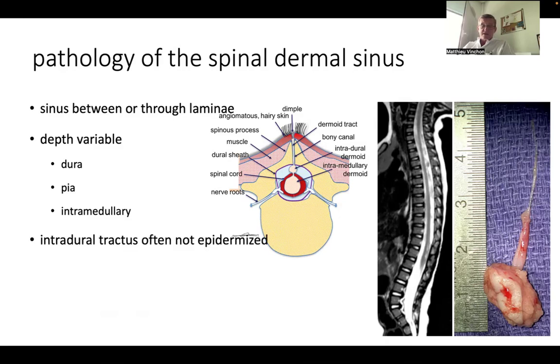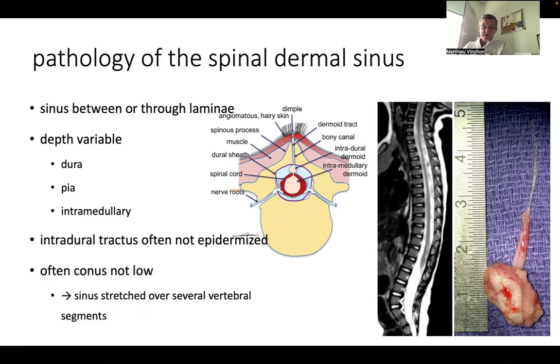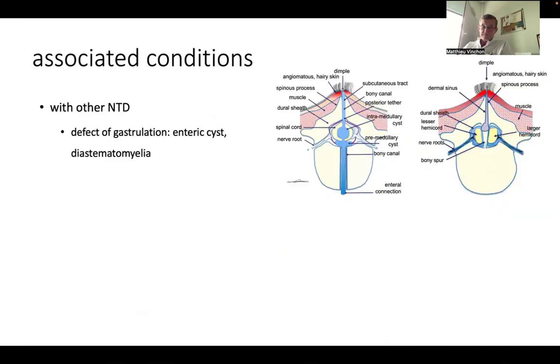And the intradural tract is often not epidermized, as you can see on the specimen on the right, and you may not be obliged to do an extended laminotomy in all cases. Often the conus is not low, which means that the sinus may be stretched over several vertebral segments.